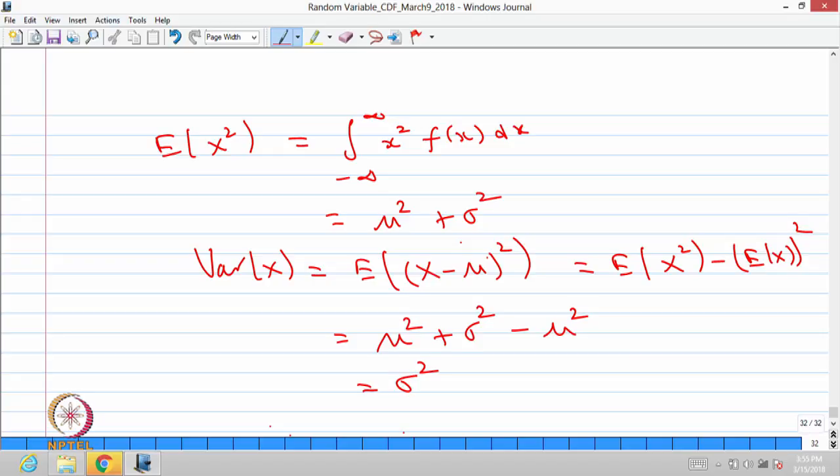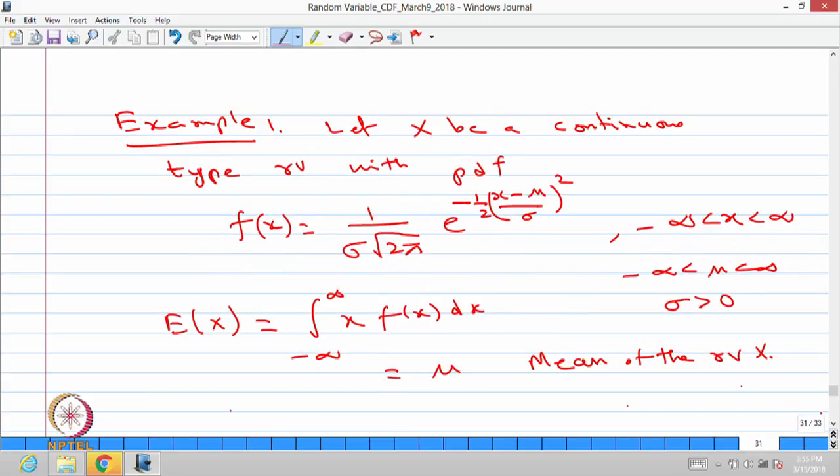That means for this continuous type random variable, the mean is mu and the variance is sigma square. We have another measure, that is the positive square root of variance, called the standard deviation.